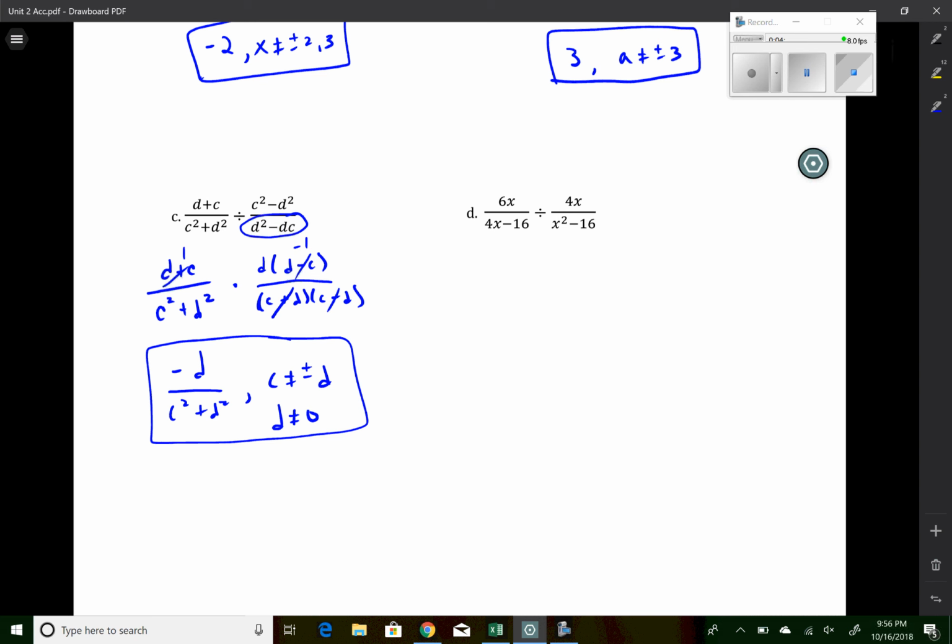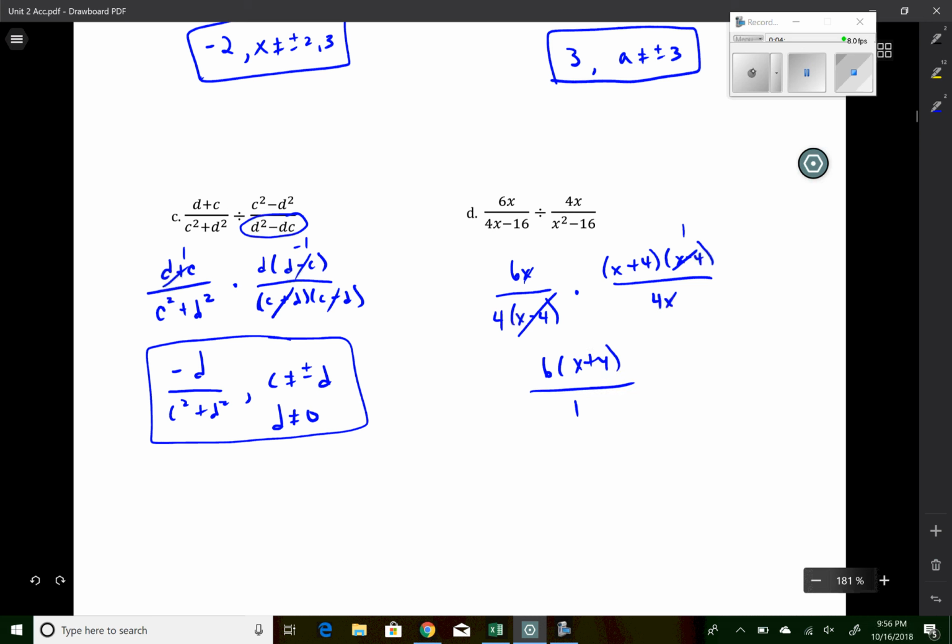For part D, I'm going to leave the 6x. I have a 4x minus 4 GCF. Change to multiplication. X plus 4, x minus 4, and 4x. X minus 4 is reduced. The x is reduced. And then we're going to be left with 6x plus 4 all over 16.